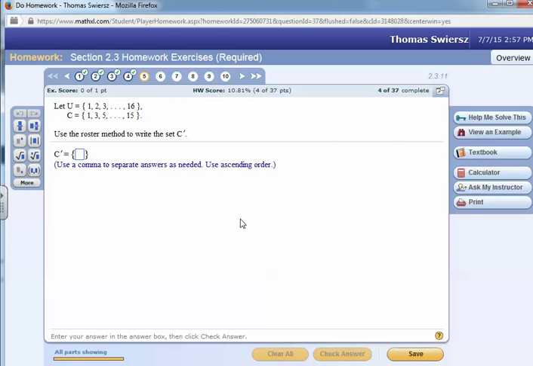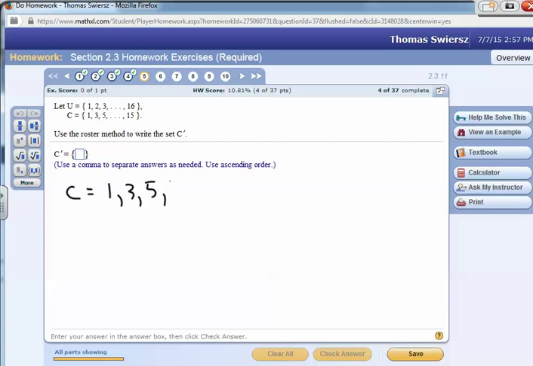Number 5, the roster method for set C. Now with respect to the universal, we have the numbers 1, 2, 3, dot, dot, dot, up through 16, right? C looks like it's going to be 1, 3, 5, looks like the odd numbers, 7, 9, 11, 13, all the way up to 15, if we follow the pattern for C, the odd numbers.